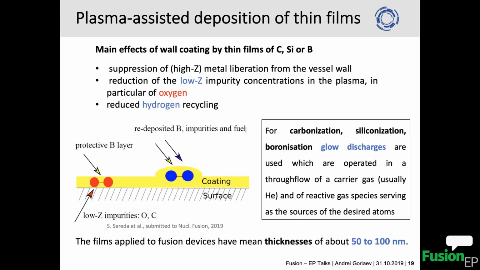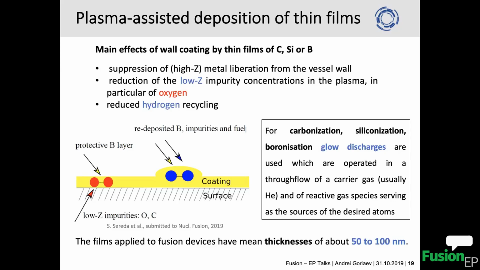Second, it can help to reduce low Z impurity concentration in your plasma, in particular oxygen, because oxygen is the enemy of your plasma. You can trap oxygen, for instance, by application of a boron layer, so it can form stable boron oxides, and you reduce the oxygen content in your plasma.